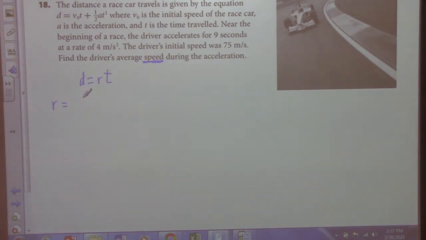Distance divided by time. Okay, so I'm just going to go ahead and change this out because that's what we're being asked for, speed. So I'm going to say speed is equal to distance over time.